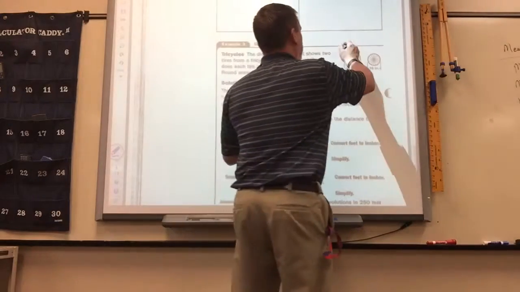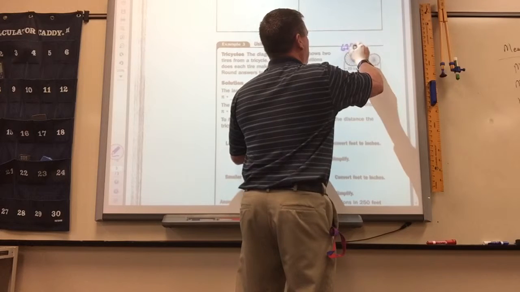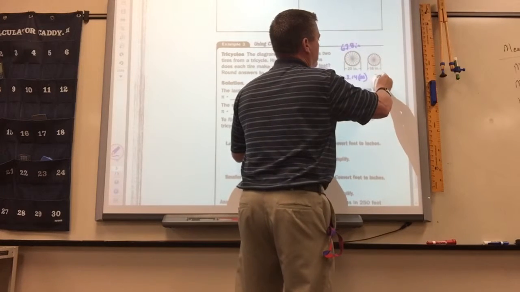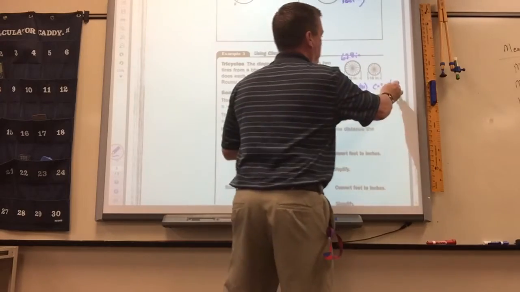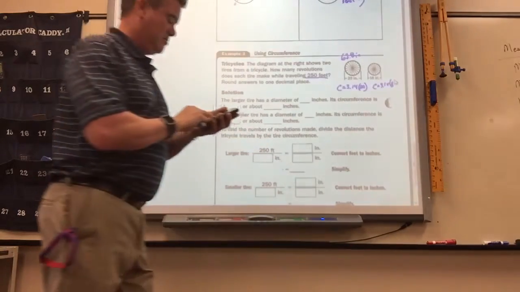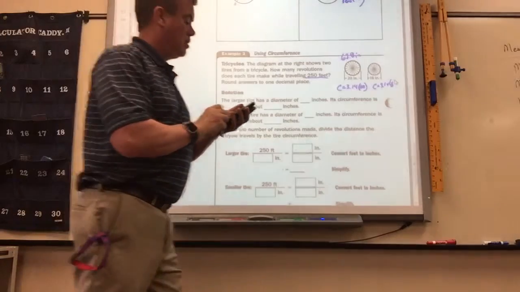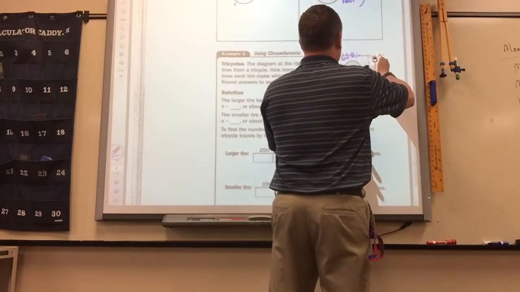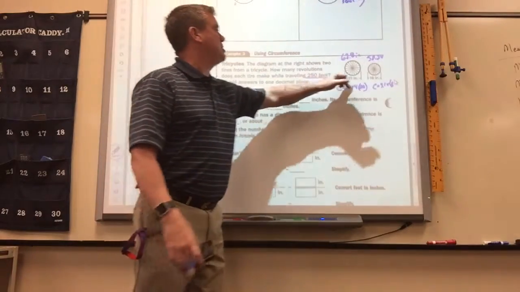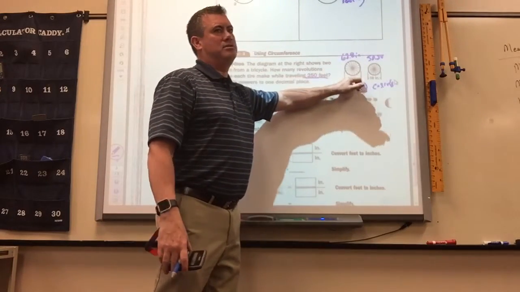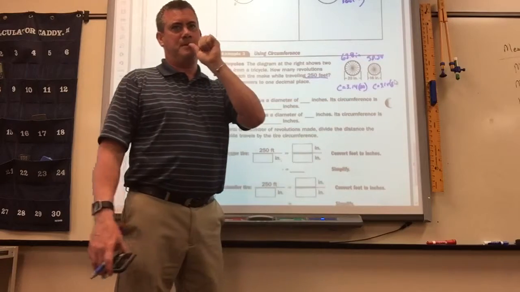So this is 62.8 inches. This one, it's 3.14 times 16. So this is 50.24 circumference. So that means every time this tire rotates, it covers 62.8 inches.